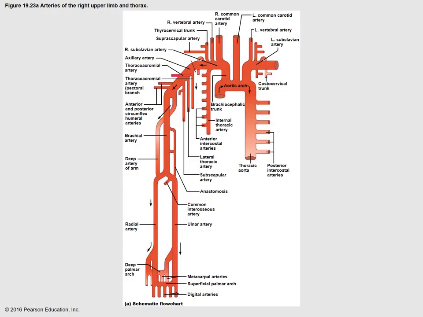In the upper limb, this is on the right limb, so you initially had the brachiocephalic trunk, which then immediately branches, and you have the right common carotid artery heading up towards the brain, and now the right subclavian artery is going to head towards the arm, the limb itself.